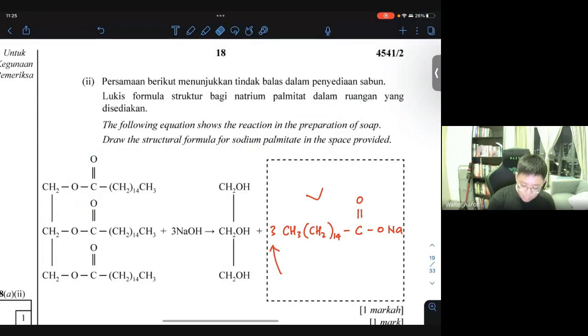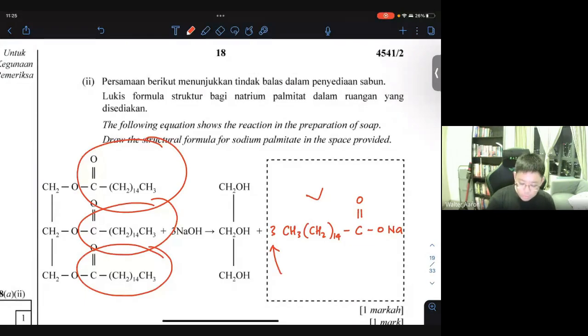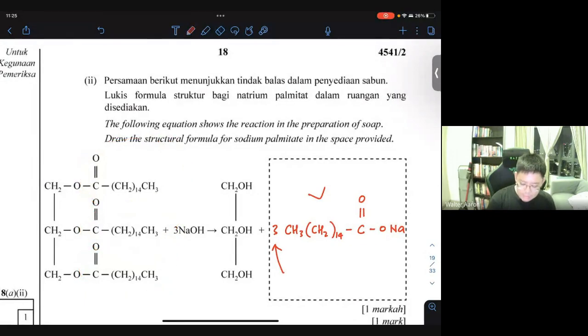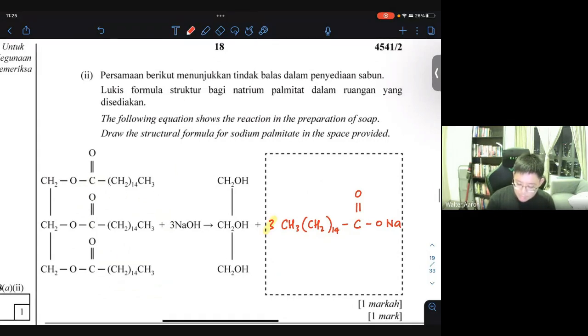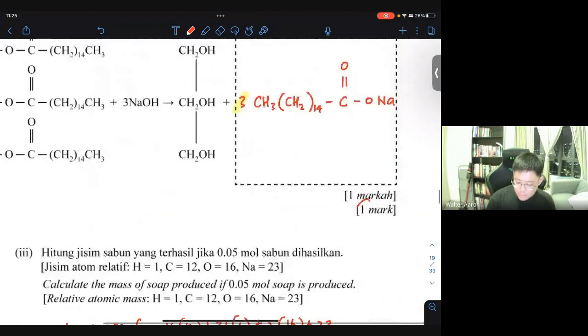So just remember to put a 3, because there are 3 moles of it. Then copy back the same structure as you see on the left side. Then you should get 1 mark already. Very easy.